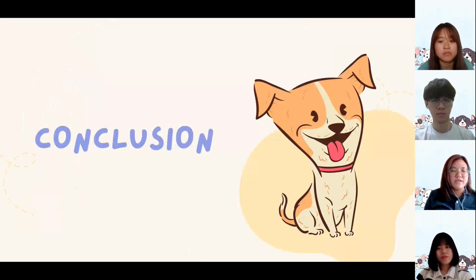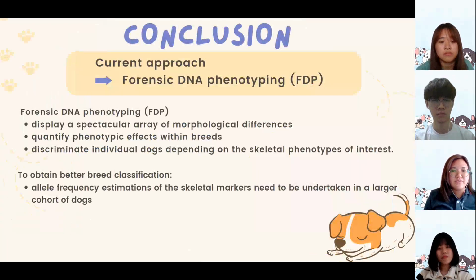Next, for the conclusion, the current genetic marker approach to classify domestic dogs is forensic DNA phenotyping, FDP. This is because domestic dogs display a spectacular array of morphological differences that are driven by a few loci with SNPs and indels of large effect.